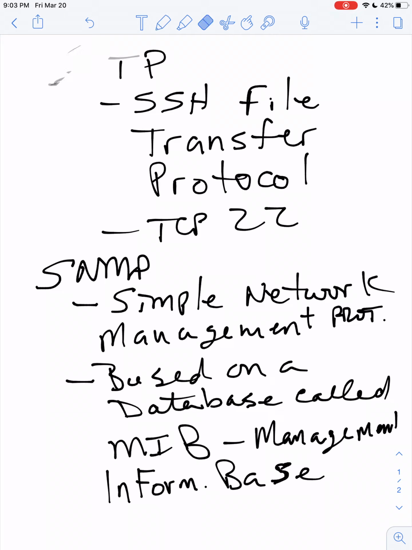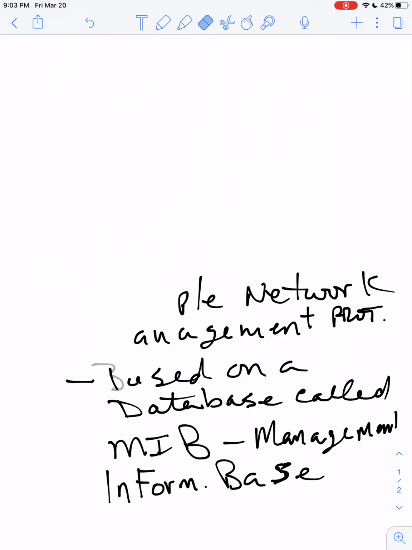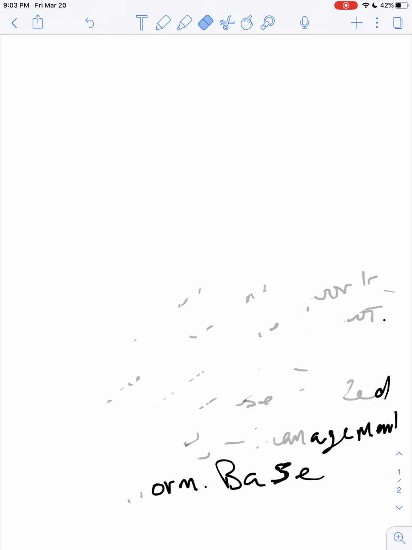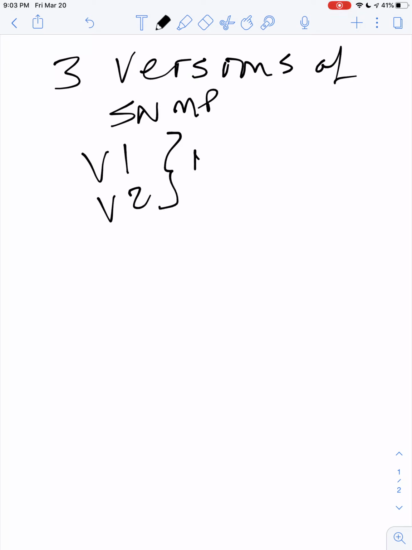Now, I said there were unsecure and secure versions of this. This actually did not start off as a secure protocol. A lot of these didn't, but this one simply added to it. So we have 3 versions. We have version 1 and version 2. These are not secure.